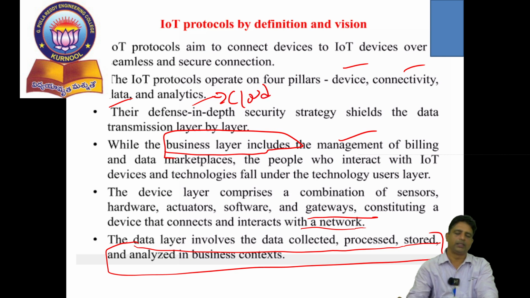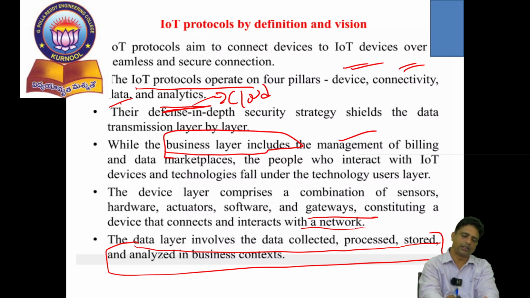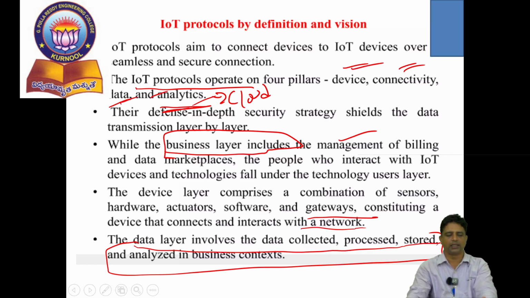How we want the information, in what format, how much part of the information, all can be utilized in this analytics. So the four major protocols from the four major blocks mentioned earlier are carried out here.